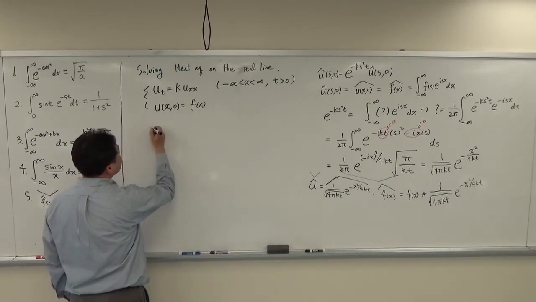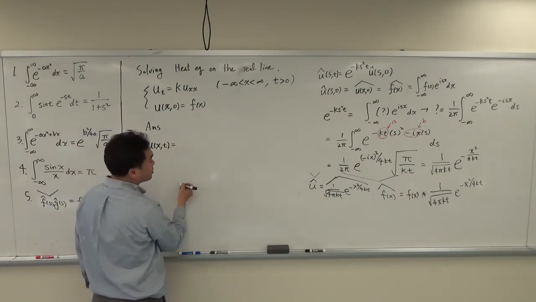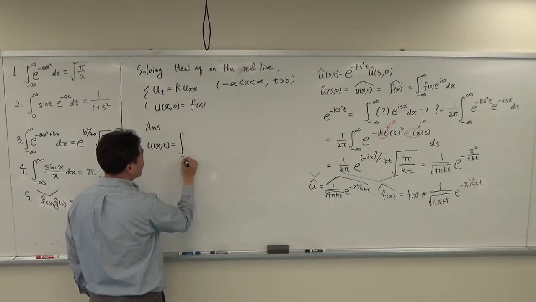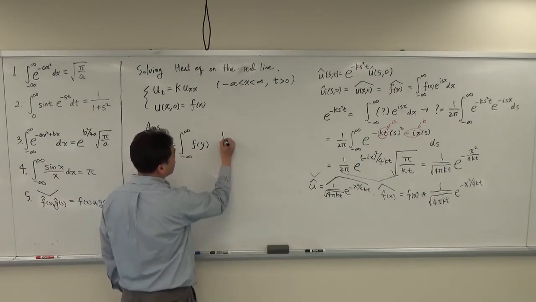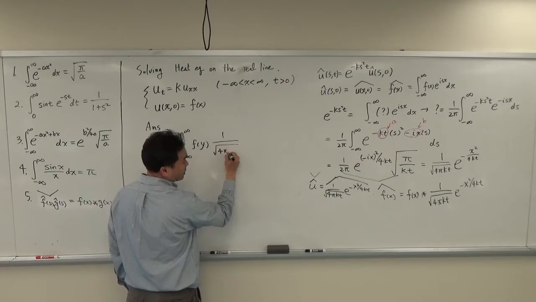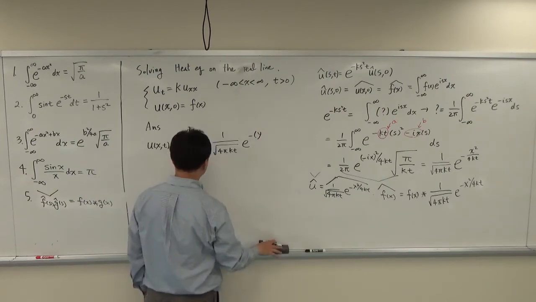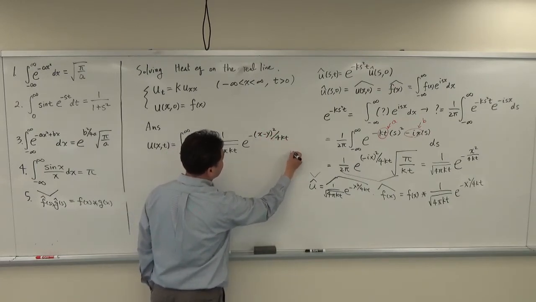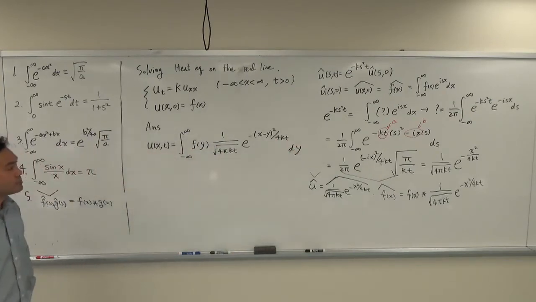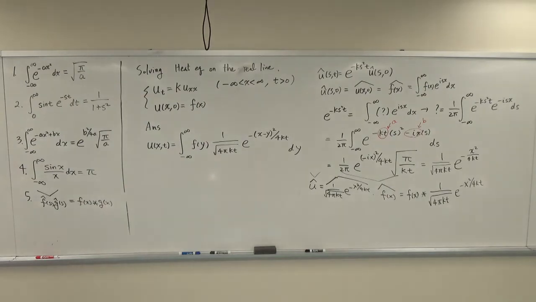So the answer is u(x,t) is equal to the integral from negative infinity to infinity of f(y) times 1 over square root of 4 pi kt, e to the negative (x minus y) squared over 4kt, dy. So that's the answer to this question.